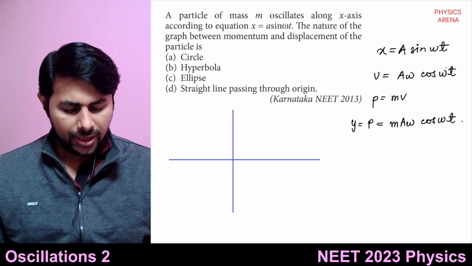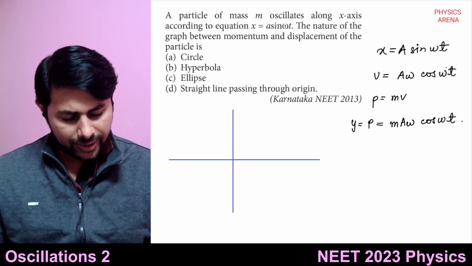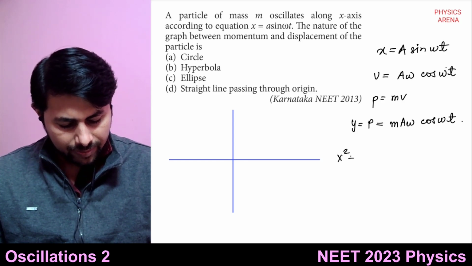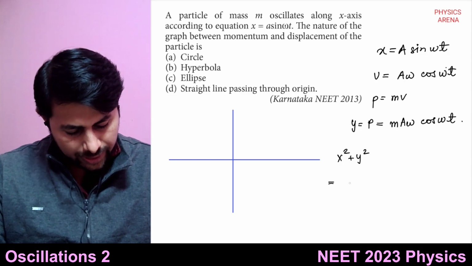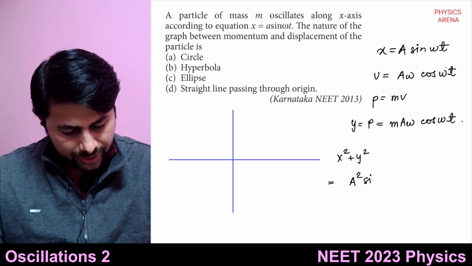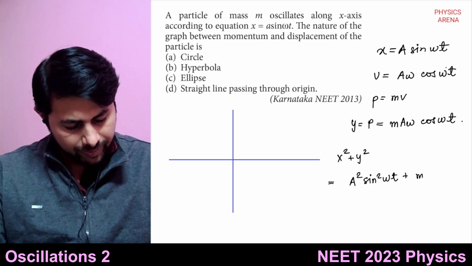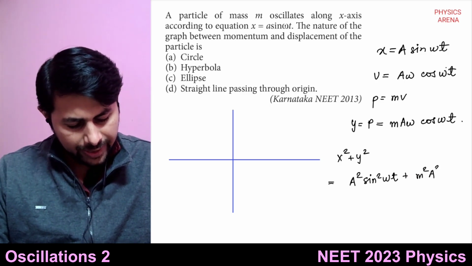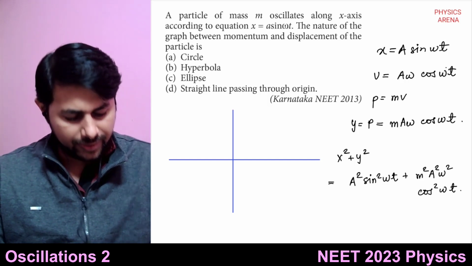So see, if you square and add x and y, what do you get? x square plus y square is equal to a square sine square omega t plus m square a square omega square cos square omega t.